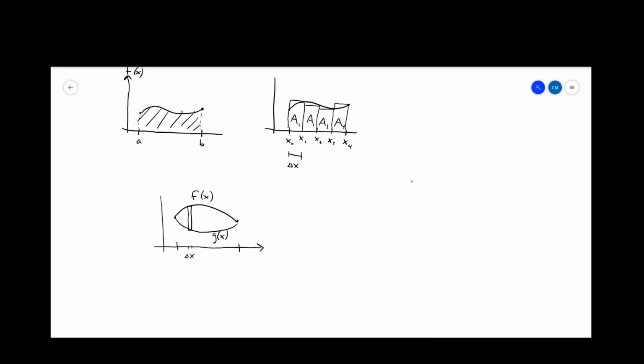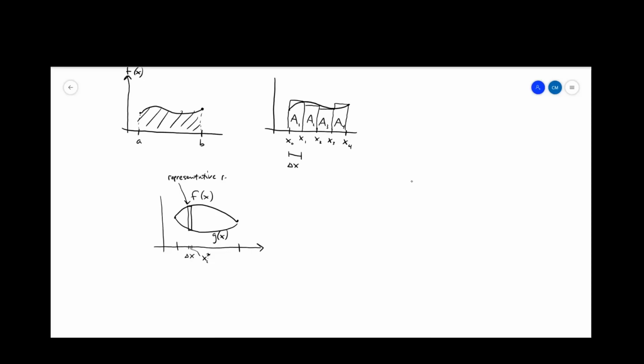We still call this thing some x value on the subinterval. We call that x sub i star, perhaps, because the star indicates that it could be any x value on that subinterval. Whatever that x value is, we're going to plug it into both functions. That's going to determine the top and the bottom bounds for that particular rectangle, which we're going to use a lot, and we can call that thing a representative rectangle.